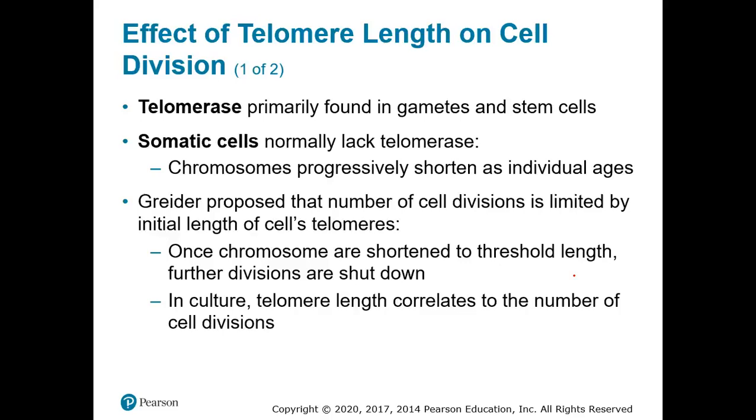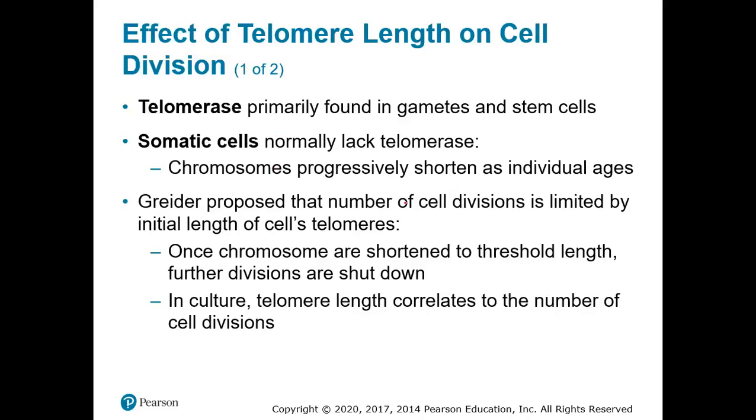So interesting, but telomerase is not active in most body cells. In fact, telomerase is only found in gametes and stem cells. All of the cells in your body do not have telomerase. So as you age, your chromosomes are going to get shorter and shorter and shorter. Now, this led to the idea that you are limited by a certain number of cell divisions.